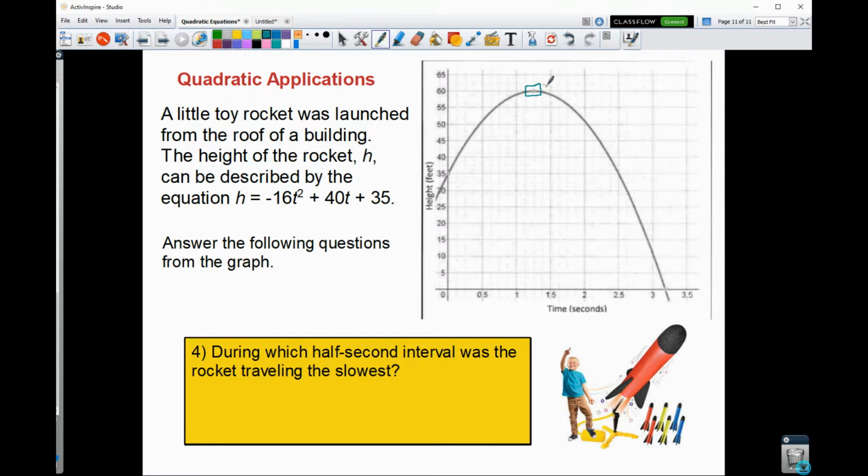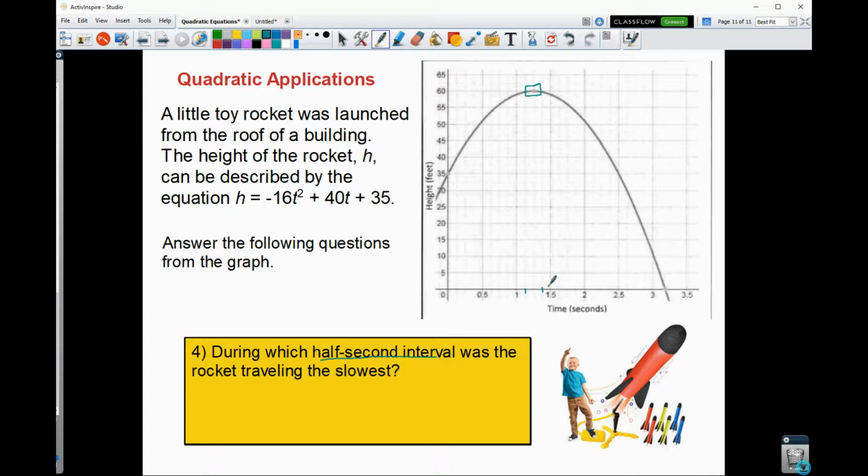So during this area we want only a half-second interval. I would say between 1.25 and whatever is going to be in between here. From here to here, we divide a half by 4.